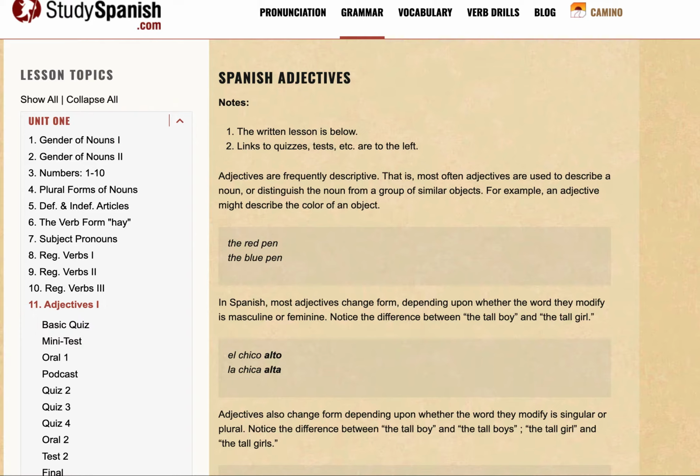So you could have singular masculine, singular feminine, plural masculine, plural feminine.